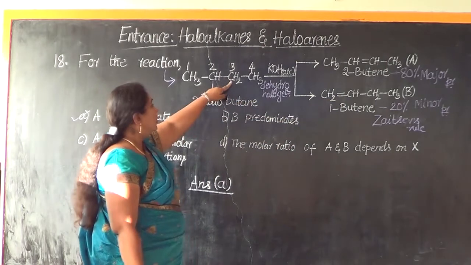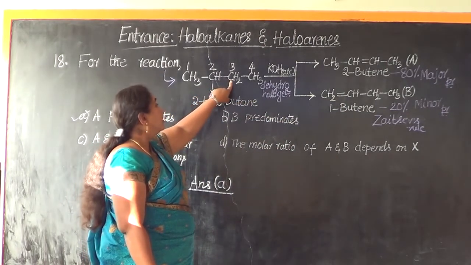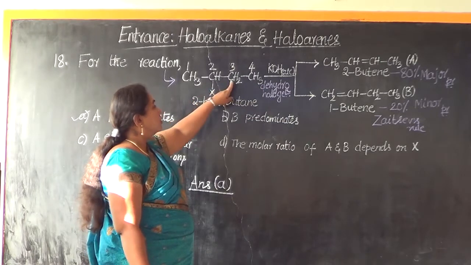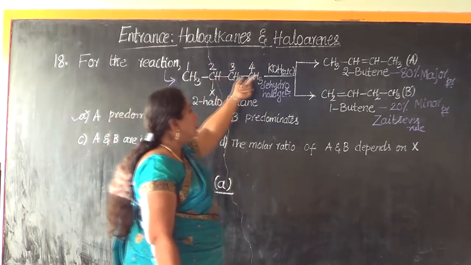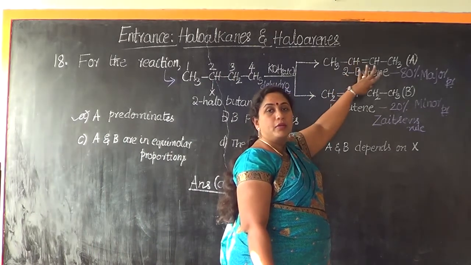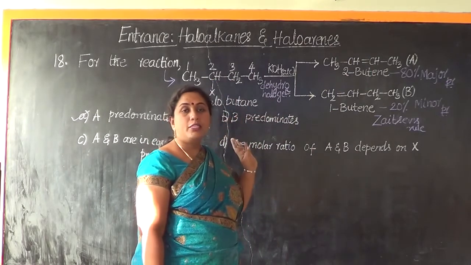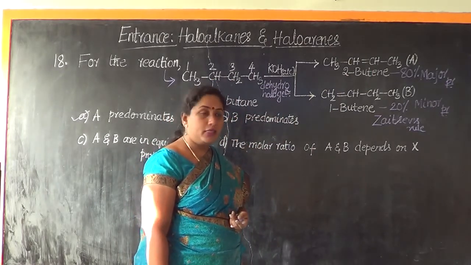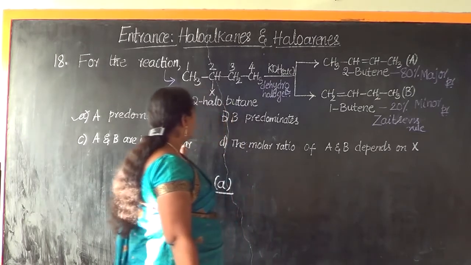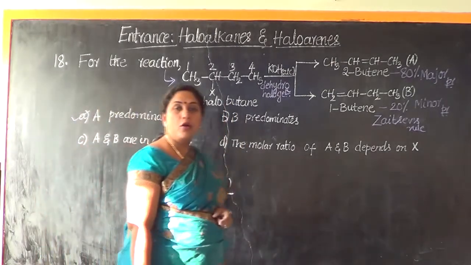If the elimination of hydrogen has taken place from the third carbon, this is also a beta carbon. Then halogen from here and hydrogen from here, and the second and third carbon will be involved in the double bond. In fact, this will be the most stable structure, and therefore 2-butene is produced in larger quantities. Therefore, the correct answer for this question will be option A, that is A predominates.